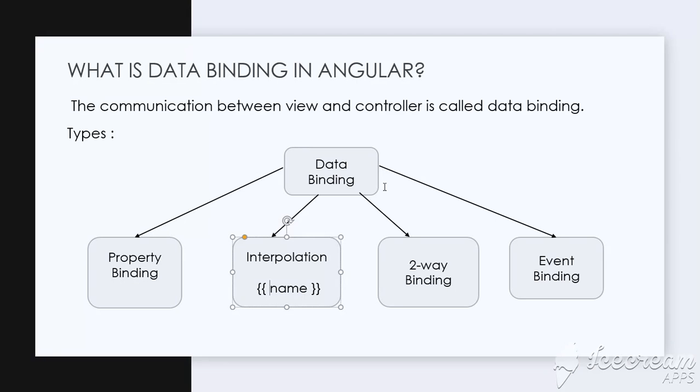So this is called interpolation, and this is also one way, from the controller to the view. So property binding and interpolation go from the controller to the view, the event binding goes from the view to the controller, and two-way binding is a binding which is both ways.